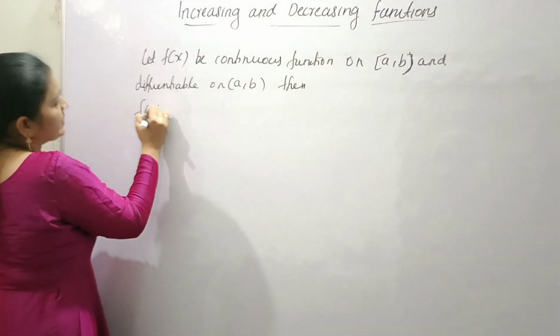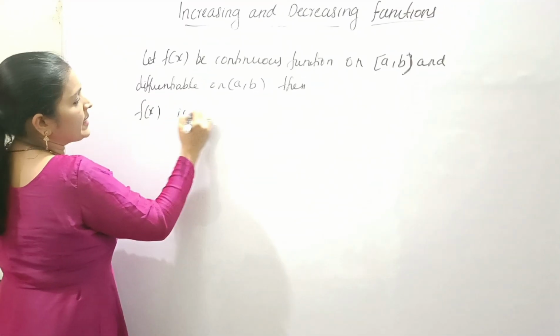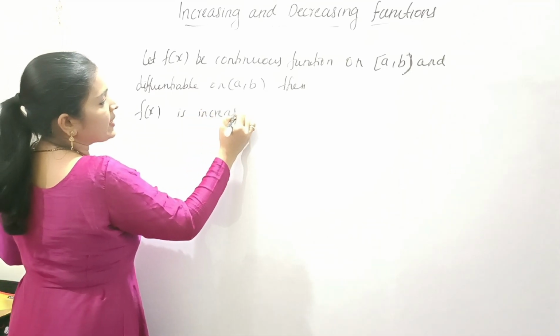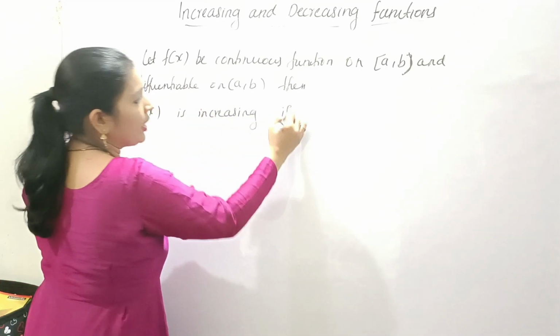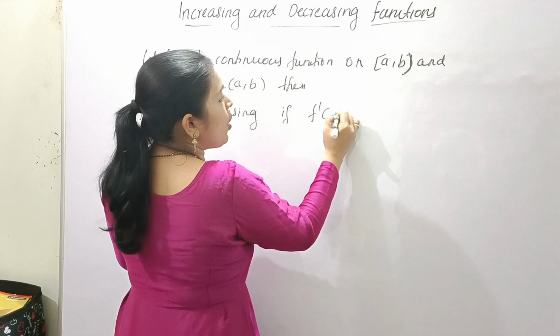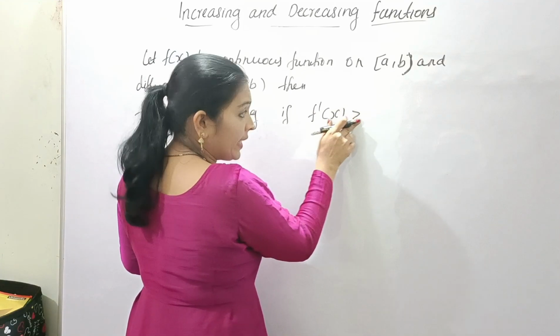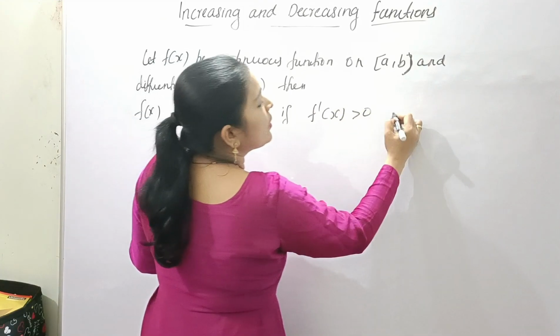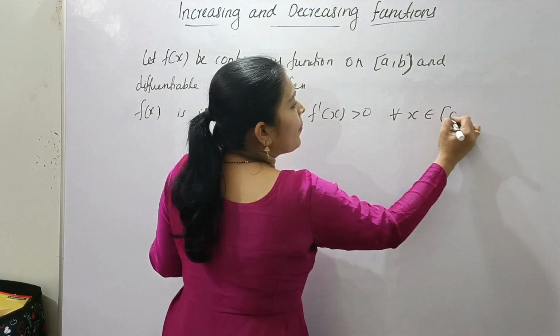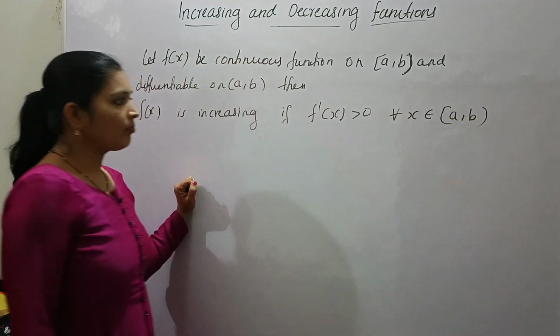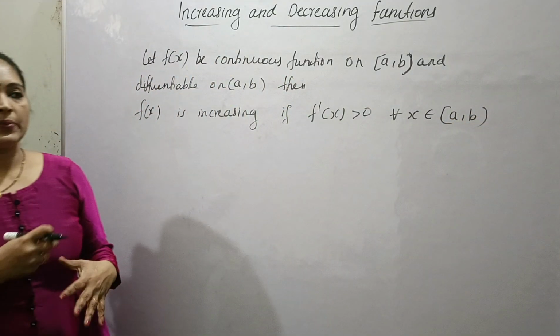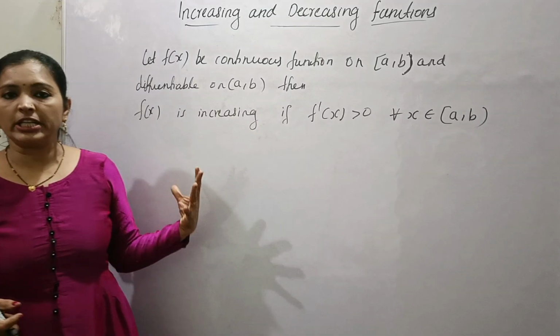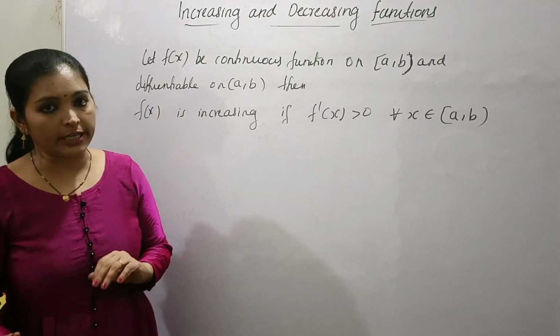f of x is increasing if f dash of x greater than 0 for all x belongs to open interval AB. Suppose you are asked to check whether the given function is increasing or decreasing.